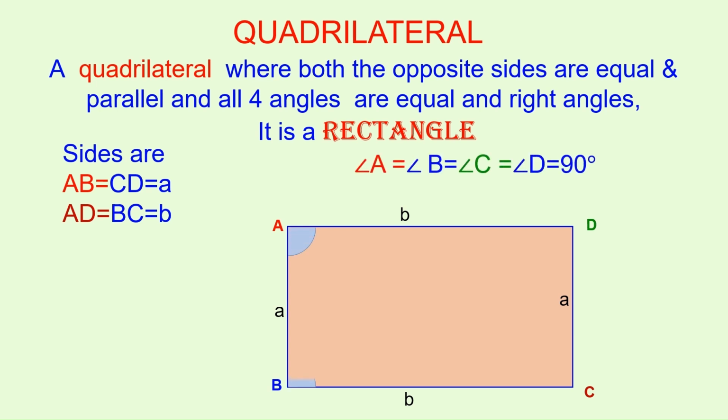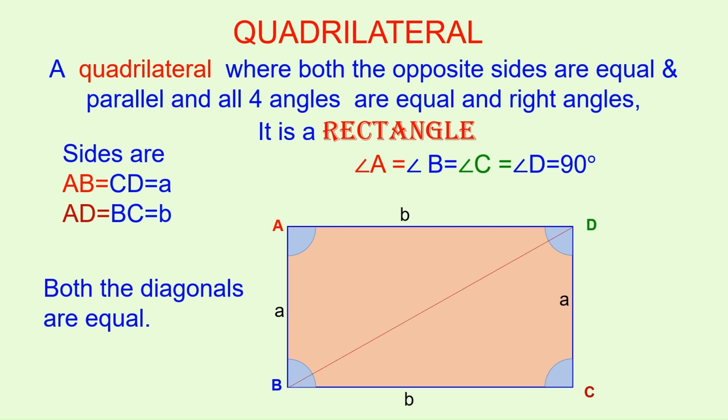All angles are equal, and a right angle equals 90 degrees. Both the diagonals are equal.